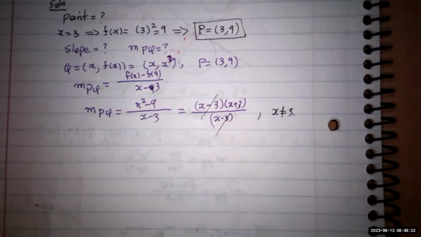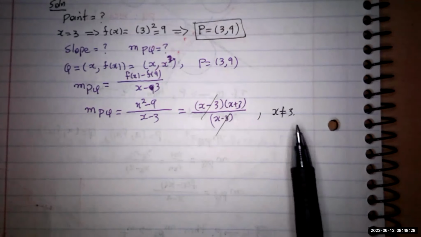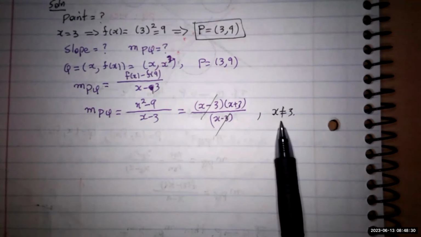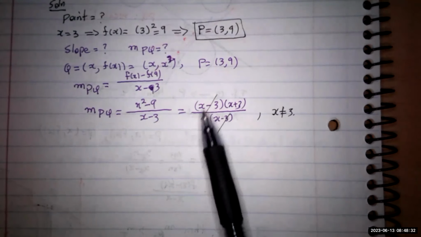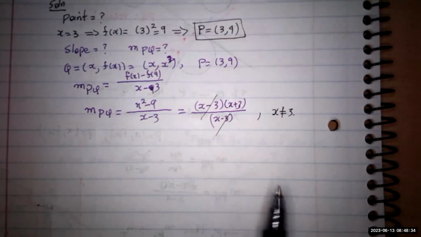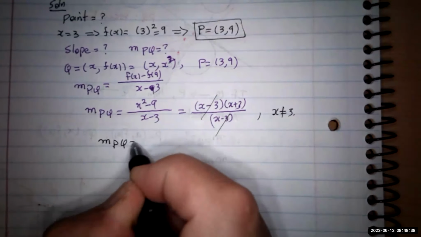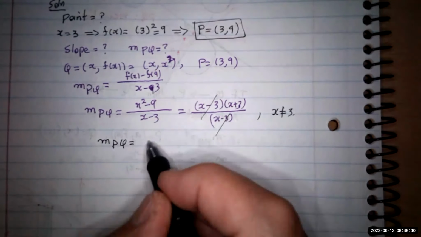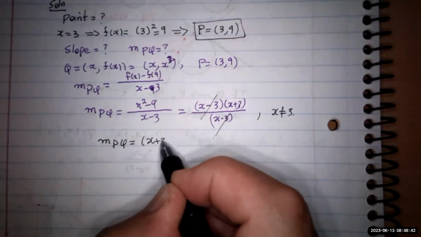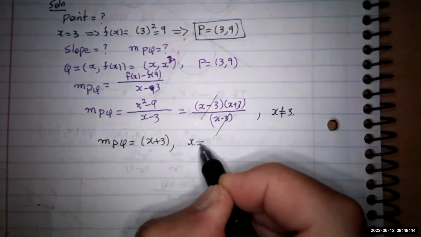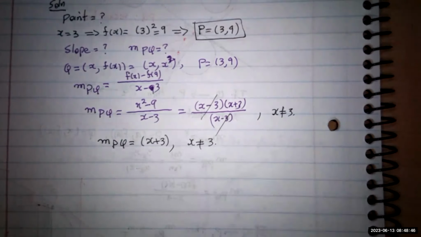Remember, we don't care about x equal to 3, we're just estimating around. If x were equal to 3, that would be 0 over 0. So the slope of a secant line is x plus 3, when x is not equal to 3.